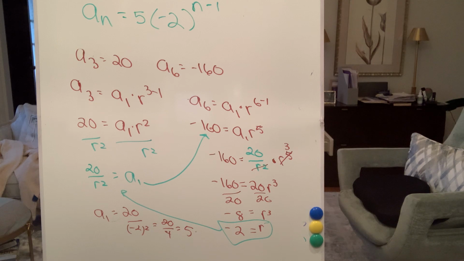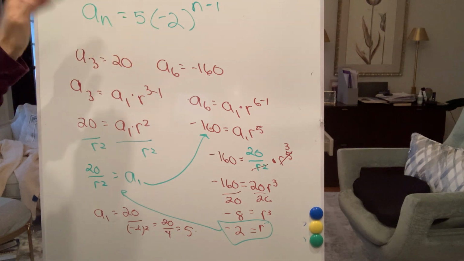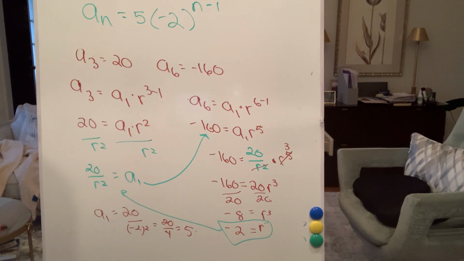Given this formula now, I can plug in 1 and get the first term. I can plug in 2 and get the second term. I can plug in 3 and get, well, you know what 3 is, and keep going.